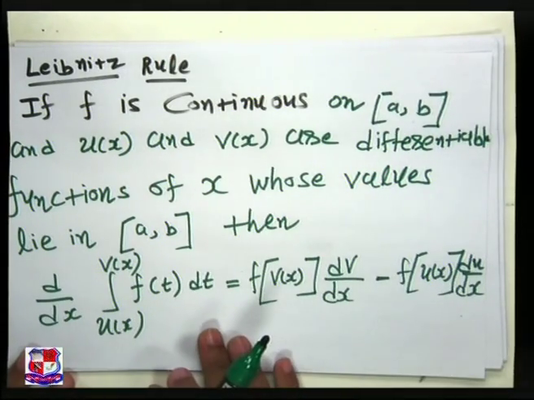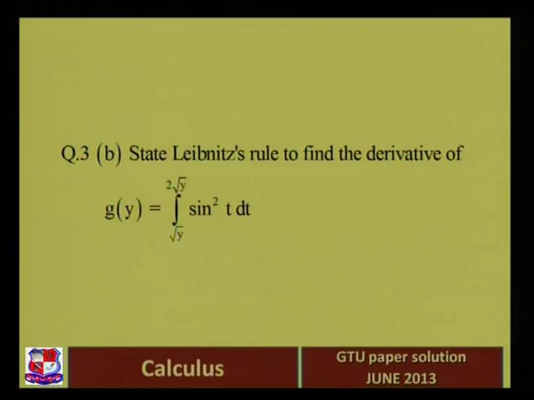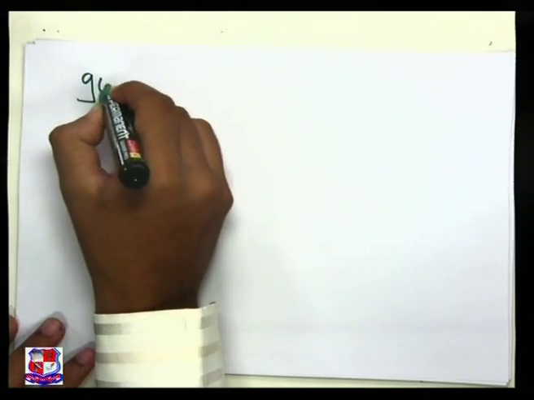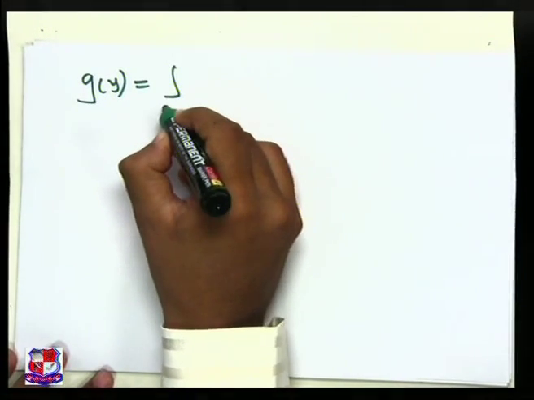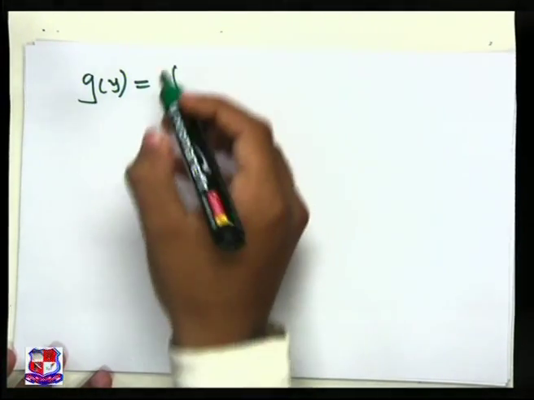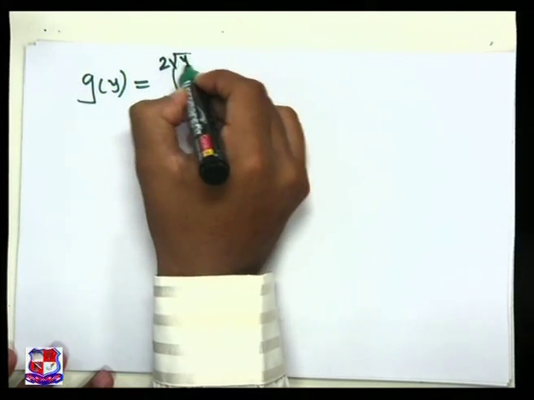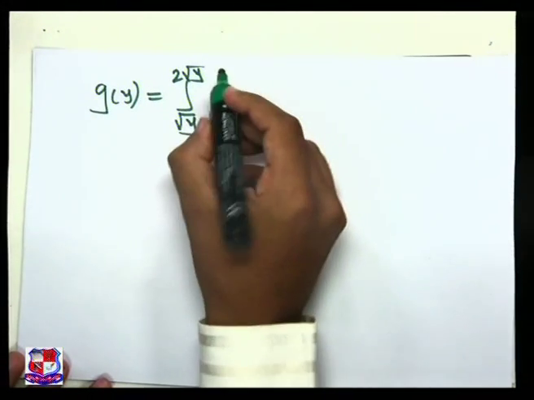So here our function g of y is the integration from root y to 2 root y of sin square t dt.